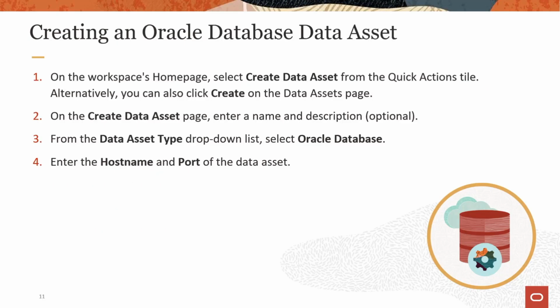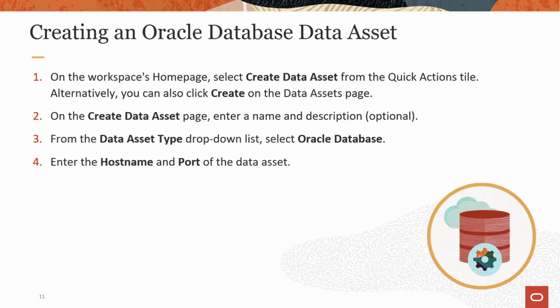To create an Oracle Database data asset, you need to perform the steps shown here. On the Workspace homepage, select Create Data Asset from the Quick Actions tile. Alternatively, you can also click Create on the Data Assets page. On the Create Data Asset page, enter a name and an optional description.